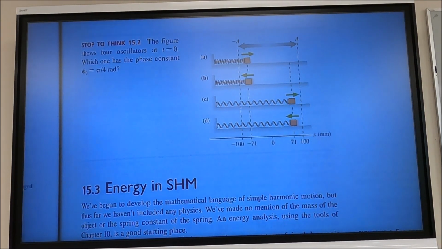Okay, it says the figure shows 4 oscillators at time t0. Which one has a phase constant of pi over 4? Well, we know that with a phase constant of pi over 4, which is less than 1/2 pi, it has to be on the positive side of equilibrium, and it has to be moving in the negative direction.